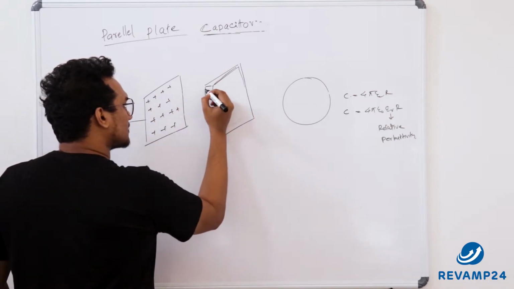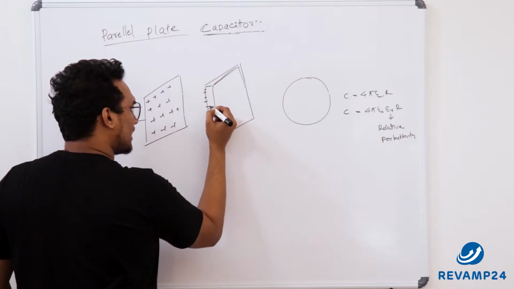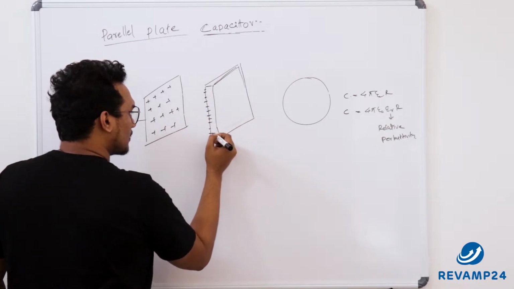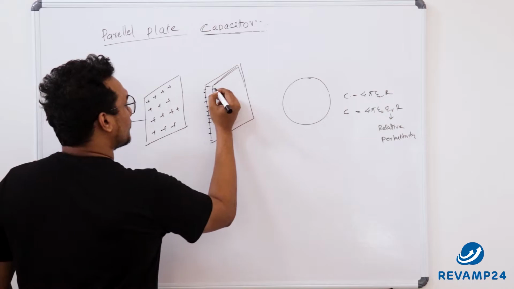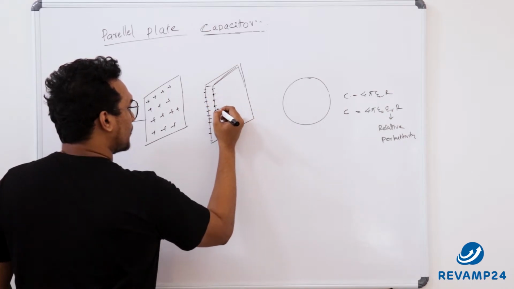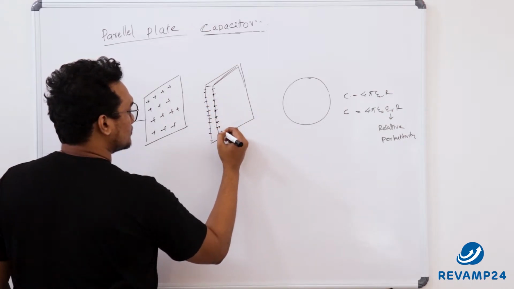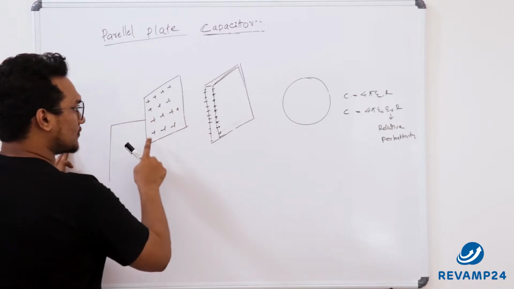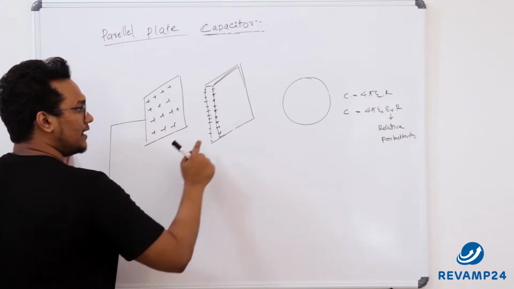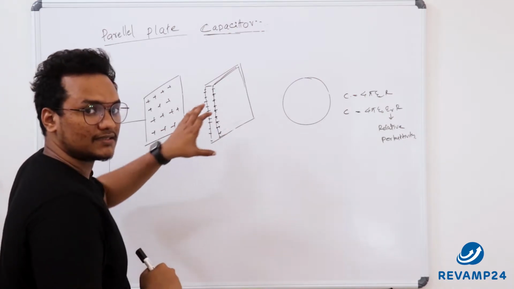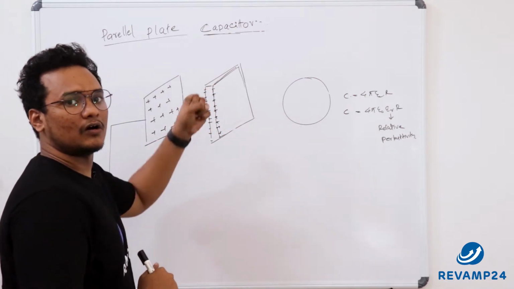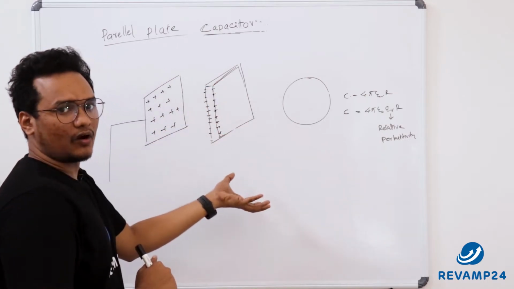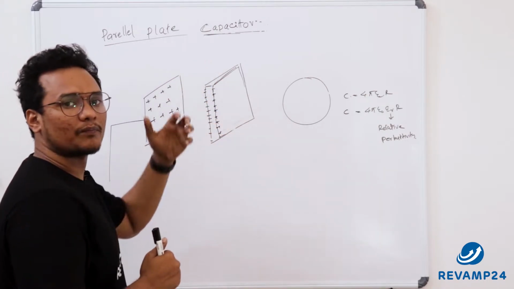These positive charges will attract the negative charges to the side closer to the positive charge, and positive charges will be repelled to the other side. So when we charge one side with positive charge, it attracts negative charges to one side and pushes positive charges to the other side. This is induction, and the result is polarization.